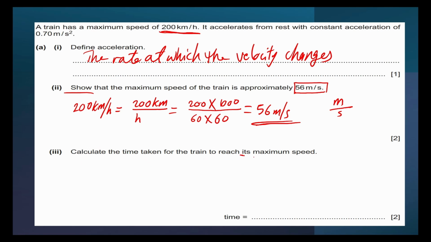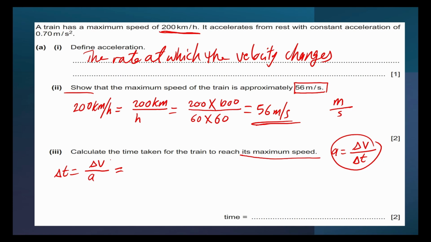Okay. Calculate the time taken for the train to reach its maximum speed. I think it's very easy. Look at this. We have here acceleration equals the change in velocity, or the change in the speed, over the time. From this, the time equals the change in the speed divided by the acceleration.